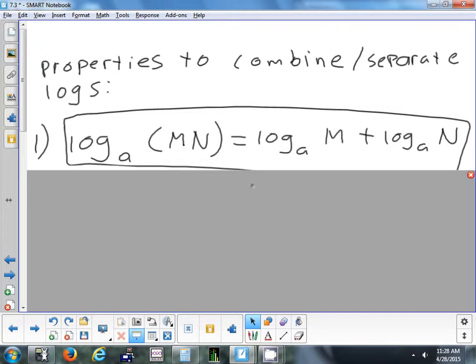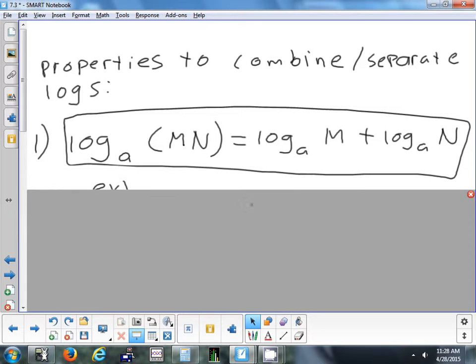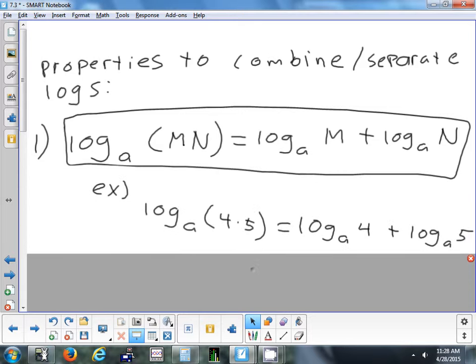If you have the log of a product, an example with numbers, like 4 times 5, you can take that and split it apart into 2 logs. Notice the first thing is when you split it apart into 2 logs, the base on each log that you split it into is exactly the same as the base you started with. So that base will never change for the whole problem.